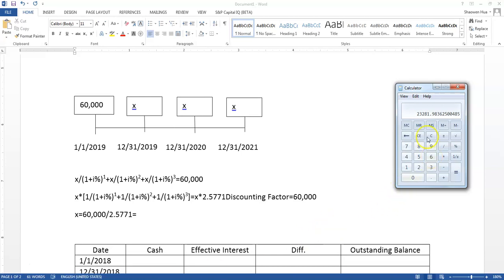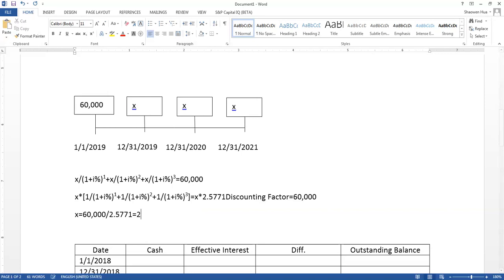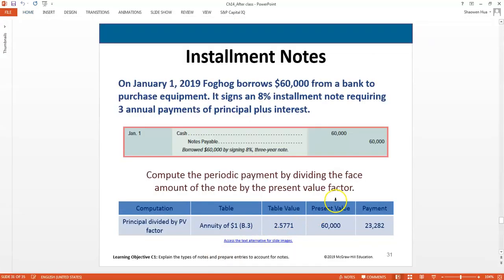X equals 23,280. If we round it to the dollar, $23,282. That's why on your tax bill you see the payment every year is $23,282.